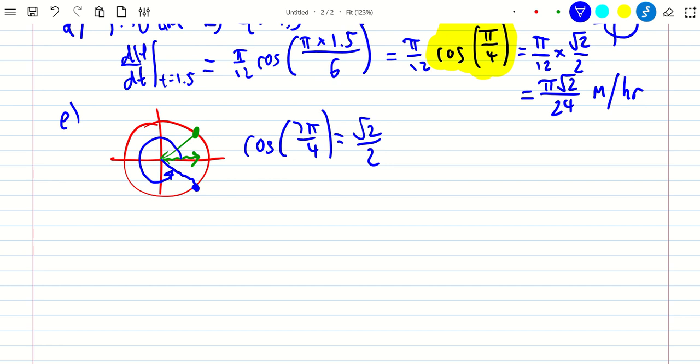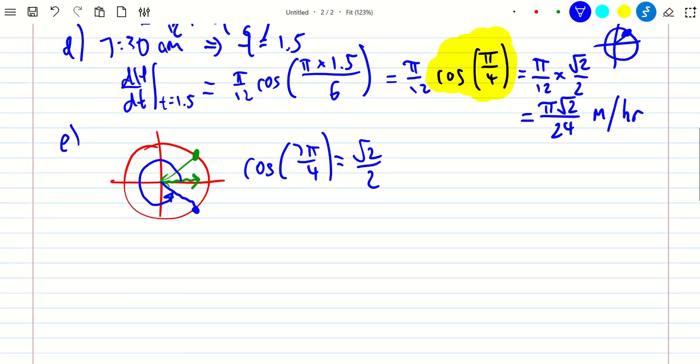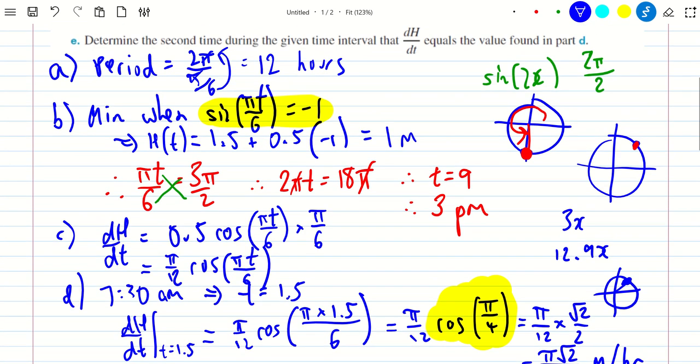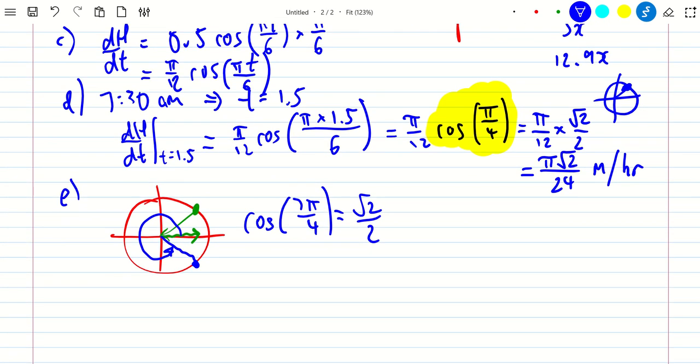And so 7 pi on 4 is another angle where you'll get that same value. I hope that makes sense. Again, you could just look at the graph, but there are certain shortcuts you can take in the exam, where you can quickly say we're going to get the same value as cos pi on 4 at cos 7 pi on 4. So we can just quickly get that.